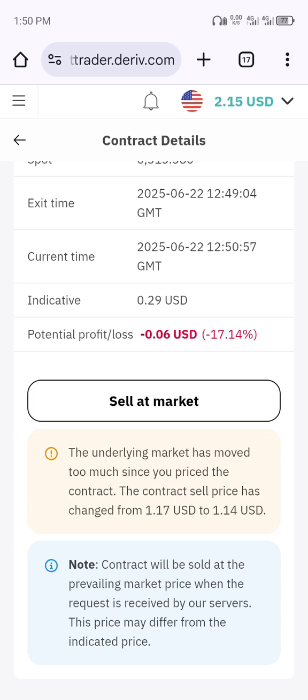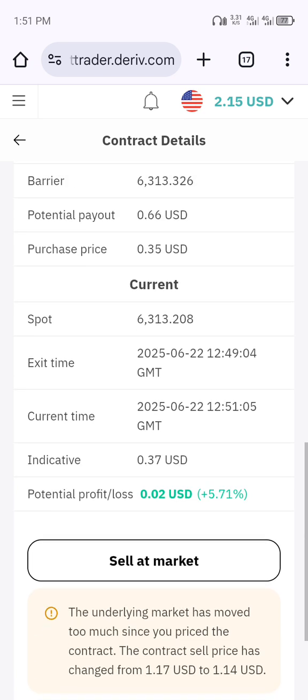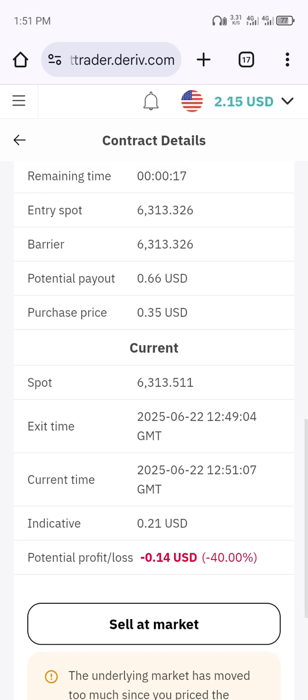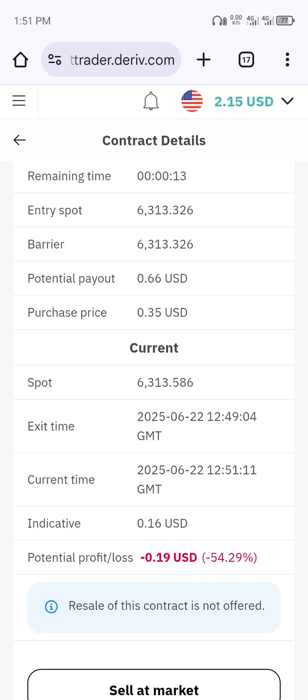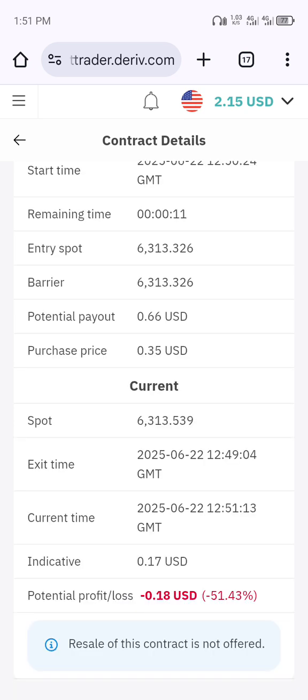We are watching. The market is really oscillating. But let's see how it goes. I tried to sell it, but it's no more offering because it's beyond 14 seconds now, so I have to wait till it finishes.